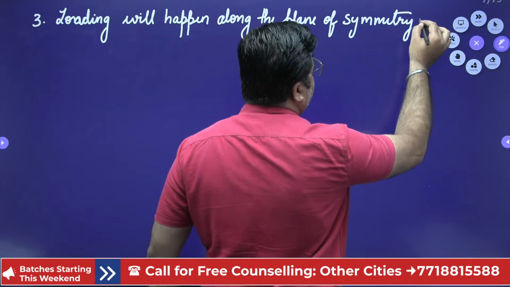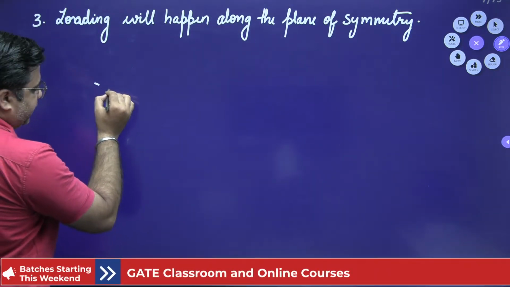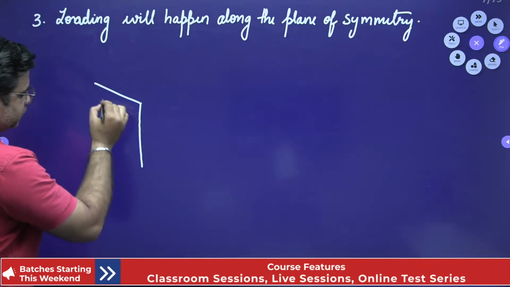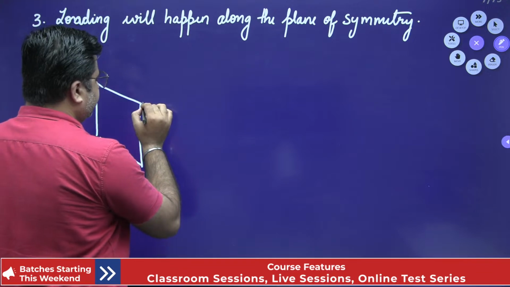Loading will happen along the plane of symmetry. Now, what do we mean by plane of symmetry? Okay, observe this again. This is my material. This is the body over which the loading has to happen.